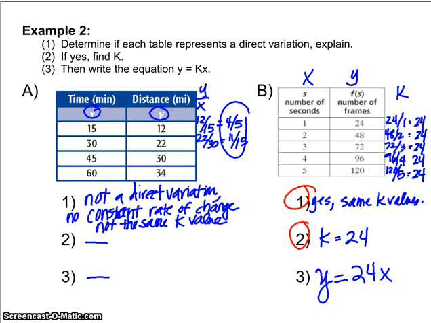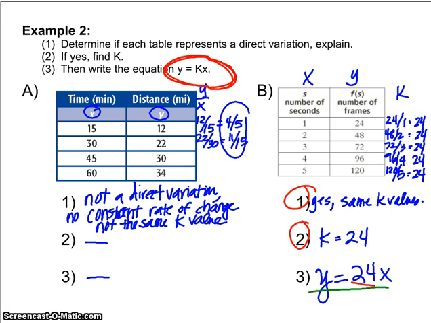And step 3, what I'm looking for is for you to take this equation up here, y equals k times x, and just rewrite it substituting in your k value. So it would be y equals 24x. And this equation describes the relationship between x and y.